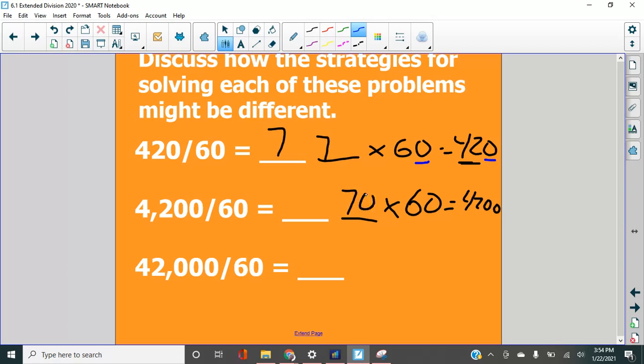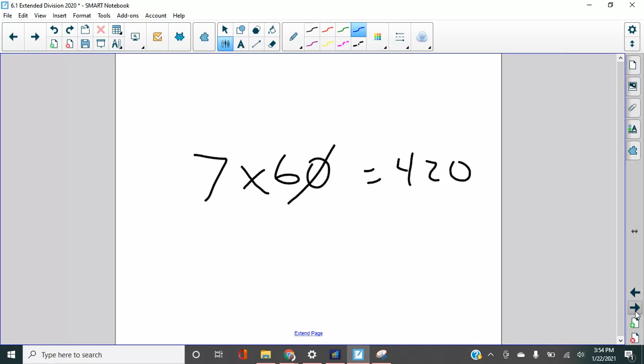Why does 70 work? 7 times 6 equals 42. And if I cross off 2 zeros, then they're right there. So our answer here is 70. If you're predicting that this one's going to be 700, you're right. Okay, so it's going to be a pattern of things.